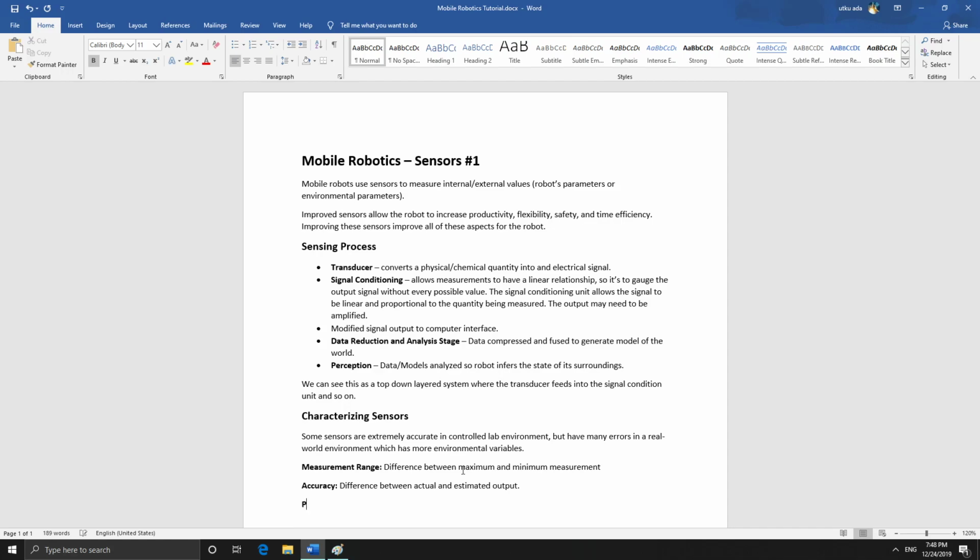So precision is not even precision, repeatability is the difference between successive measurements with an unchanged input.